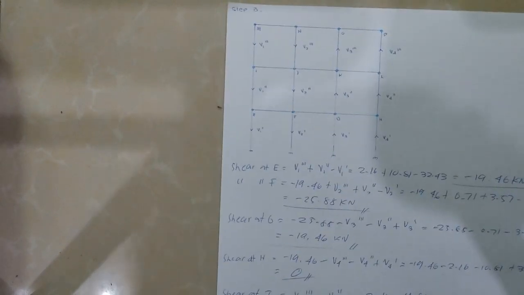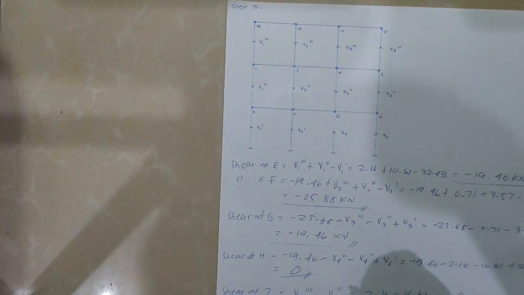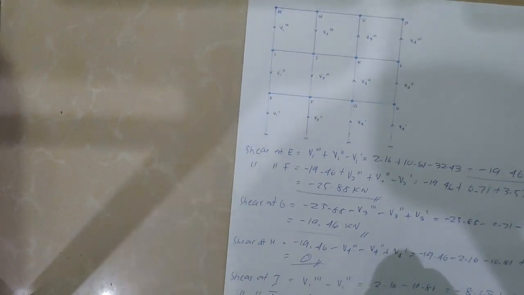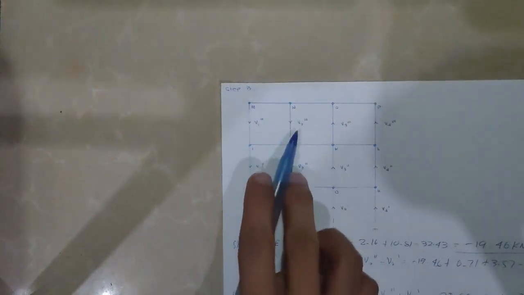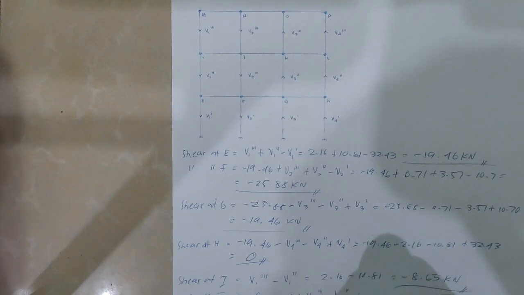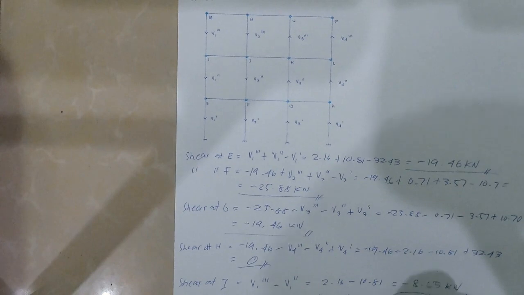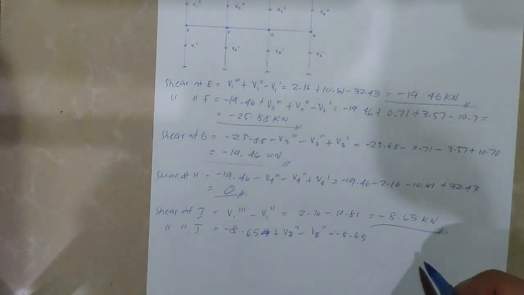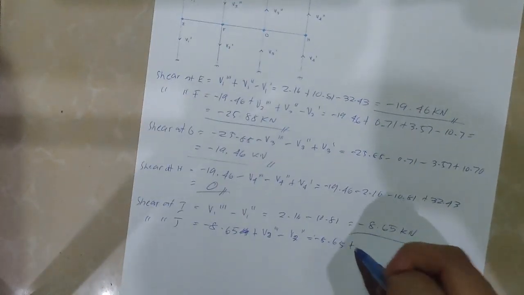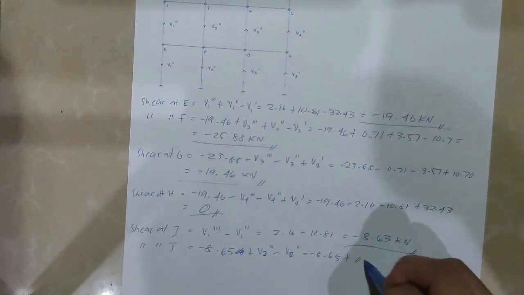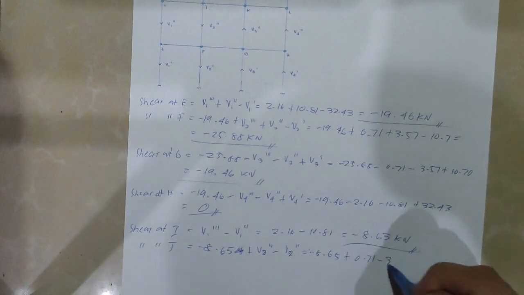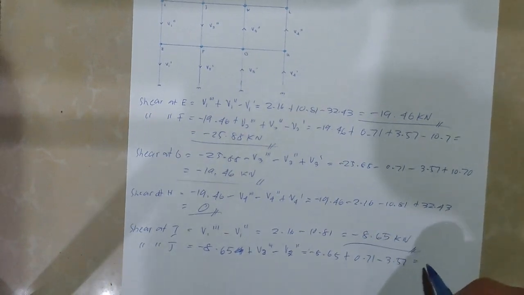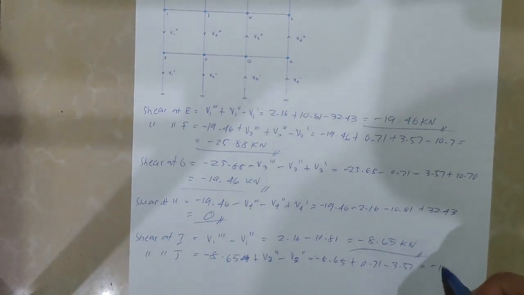Plus V2 of the third floor minus V2 of the second floor, equal to negative 8.65 plus 0.71 minus 3.57, which is equal to negative 11.51.